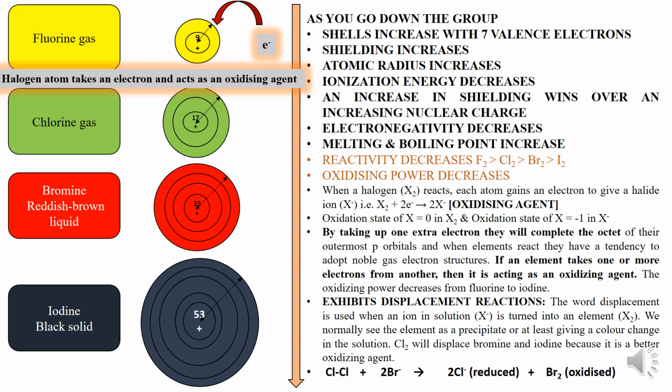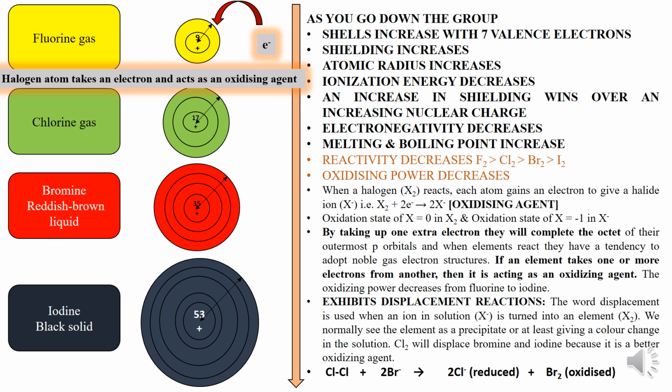Now halogens also exhibit displacement reactions. Now in a displacement reaction, the ions in the solution turn into an element. And this displacement reaction can be visualized either by color change or by appearance of a precipitate.